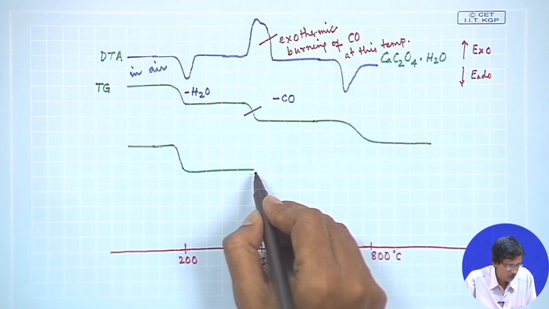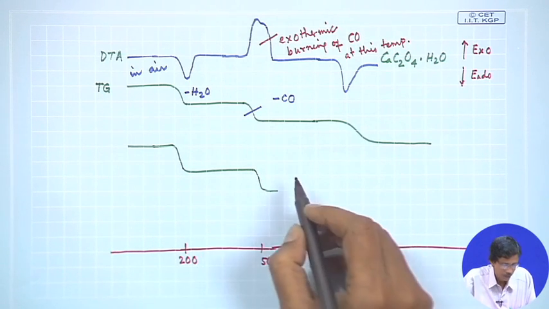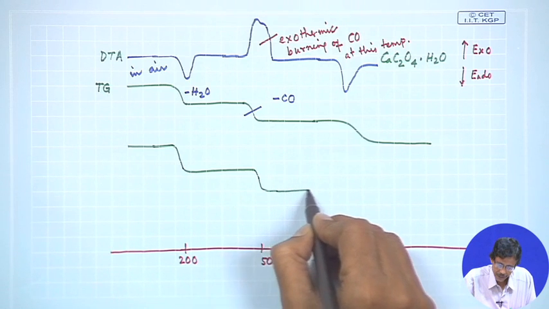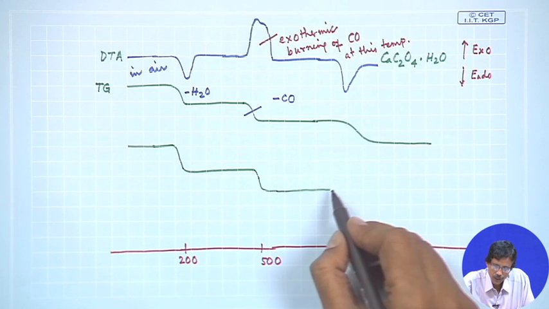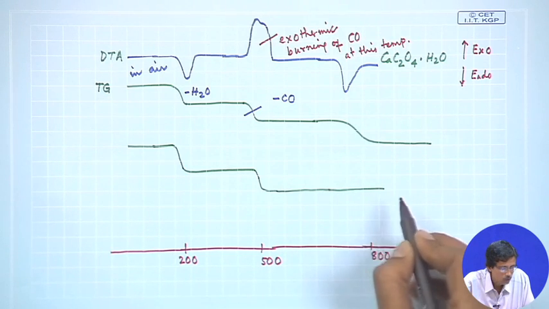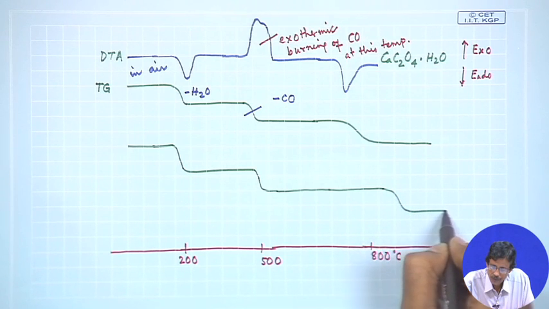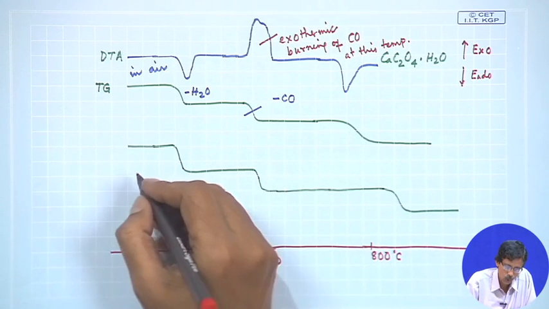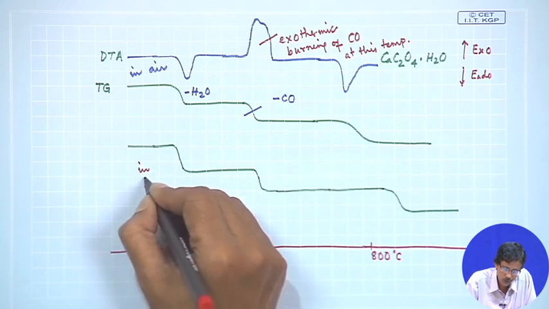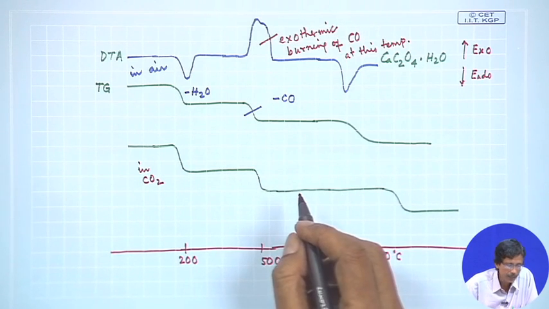So, this particular one is very similar to that, but what we find is that the third step, that means the step where we have the elimination of CO2, will be at a very high temperature compared to the previous one. So, that is the effect we try to see when we go for the measurement in CO2 environment.